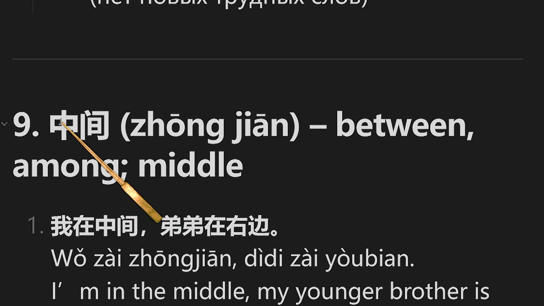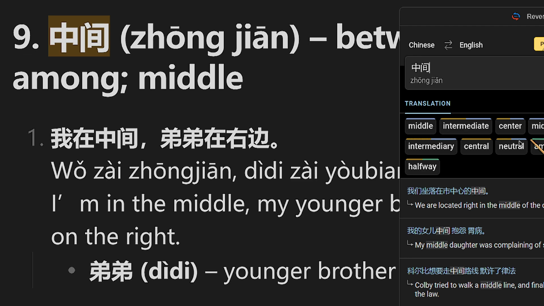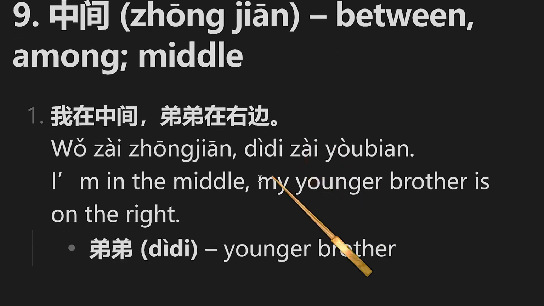中间. It's 中, it's between, among, and middle. 中 it's a center. 间 it's between. So in the center, between something. Middle, among something. Middle, intermediate, center, intermediary. So neutral, among something, halfway of something. I'm in the middle.